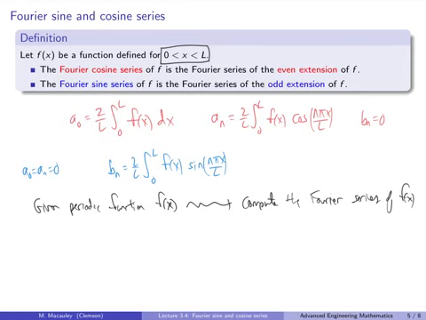Or I can give you a piece of a function defined on a little interval, say from 0 to L, and I can say compute the Fourier cosine series of this, or compute the Fourier sine series of this. I can't mix them. Does that make sense? Please make sure that you get this subtle but important distinction.